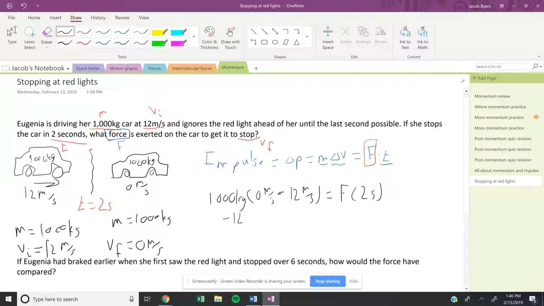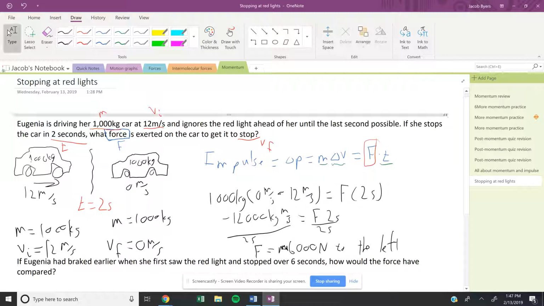Negative 12 times 1,000, we've got negative 12,000 kilogram meters per second equals force times 2 seconds. Divide both sides by 2 seconds, and this will give us force equals negative 6,000 newtons. The negative means backwards. So what I would actually do myself is say 6,000 newtons opposite the motion, or because we have our car going to the right there, to the left. 6,000 newtons is quite a bit, by the way.